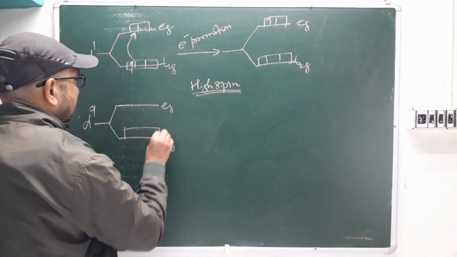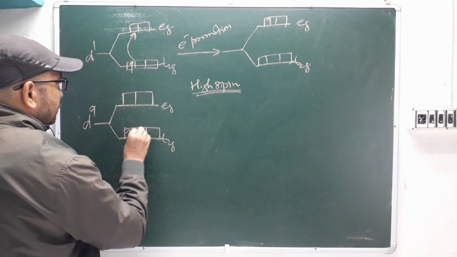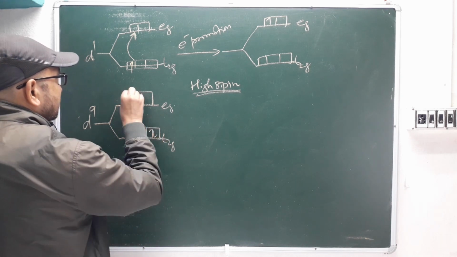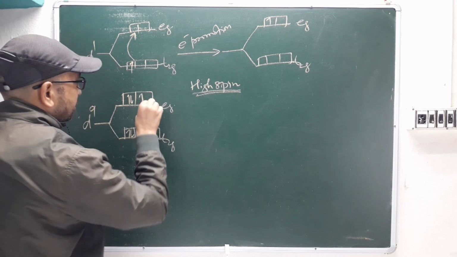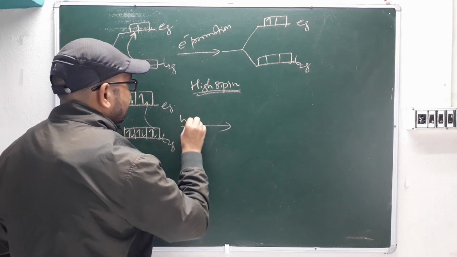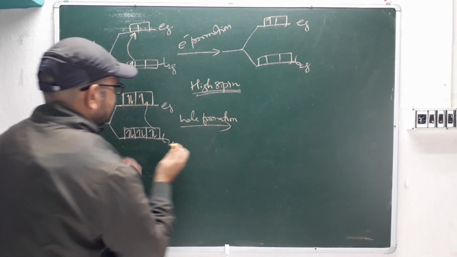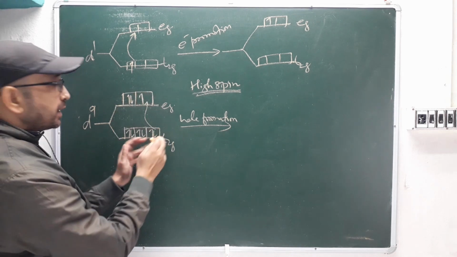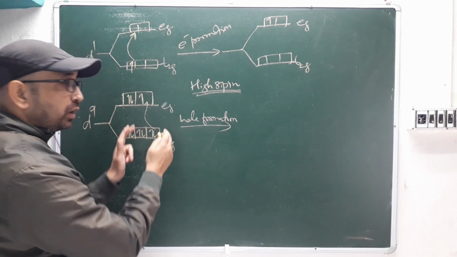Now you just see how we are working here. So for d9 high spin: 1, 2, 3, 4, 5, 6, 7, 8, 9. Now if any one electron is getting promoted from here to here, what is happening? Hole formation, because this is completely packed, right? And one electron is moving, so here it is creating a hole, a gap, correct?